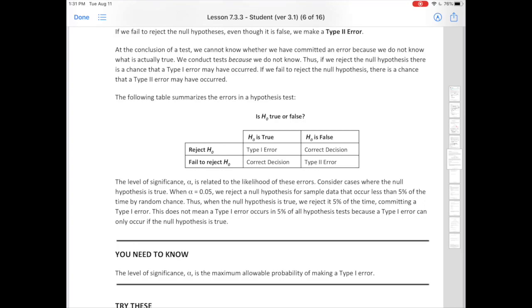We conduct tests because we do not know. Thus, if we reject the null hypothesis, there is a chance that a type 1 error may have occurred. If we fail to reject the null hypothesis, there is a chance that a type 2 error may have occurred. So the following table summarizes the errors in a hypothesis test.